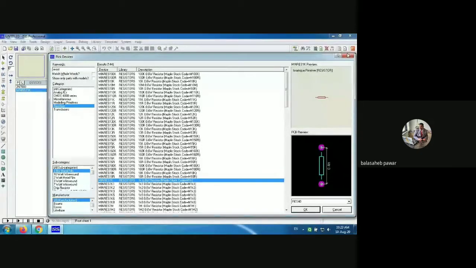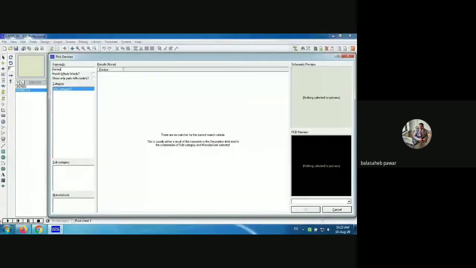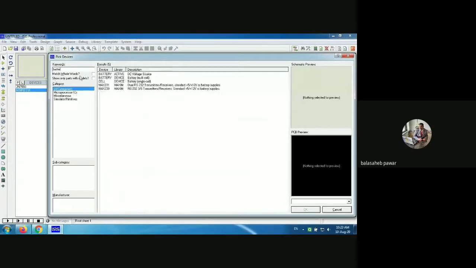Then I will require one battery also. I will type the keyword battery, and we will observe various voltage sources as batteries available. So just select cell battery, single cell.